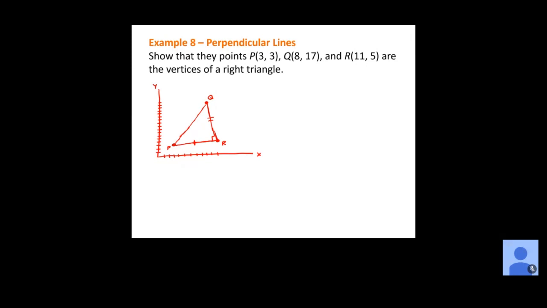If I can show that, then I know I have a right triangle. Well, that means I need to find the slope between Q and R and the slope between P and R.